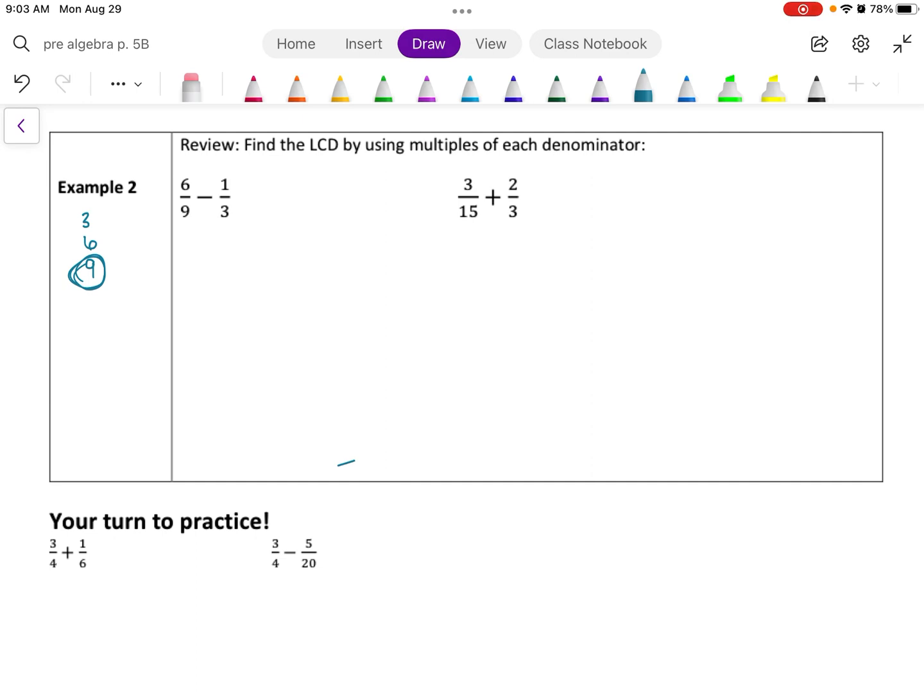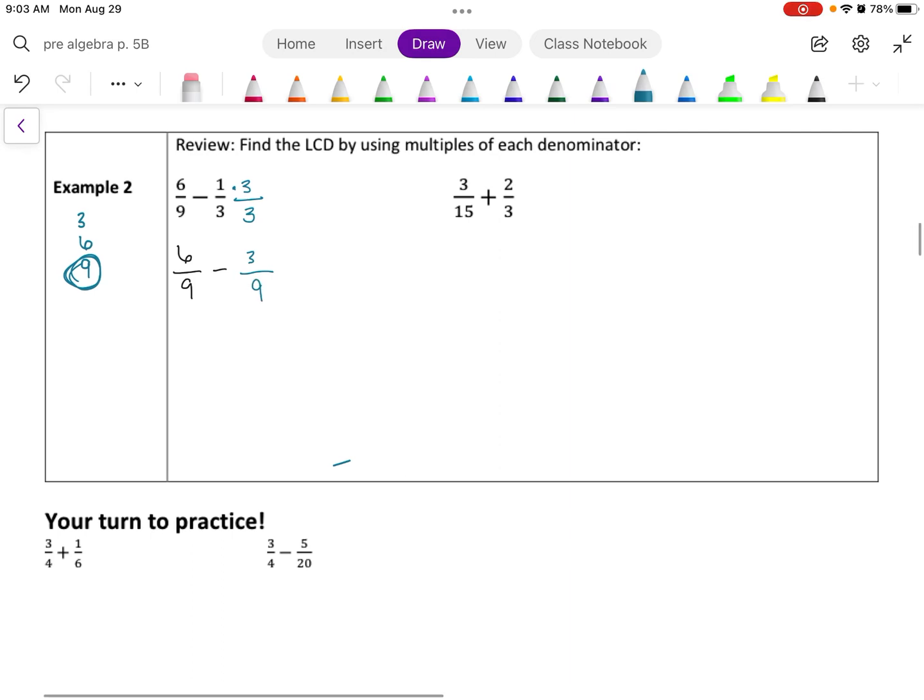Well, 6/9 already has a denominator of 9, so all we have to do is change our 1/3. So I'm going to take 1/3 and multiply it by 3/3. So again, 6/9 gets to stay. We don't need to change that. But 1 times 3 is 3. 3 times 3 is 9. So now we have 6/9 minus 3/9.